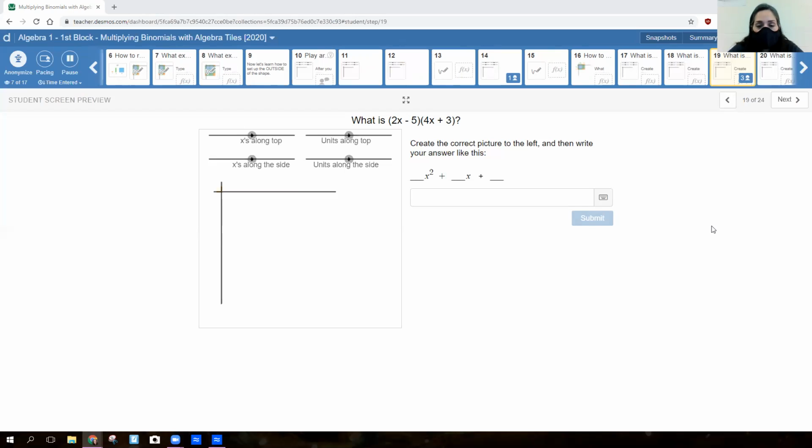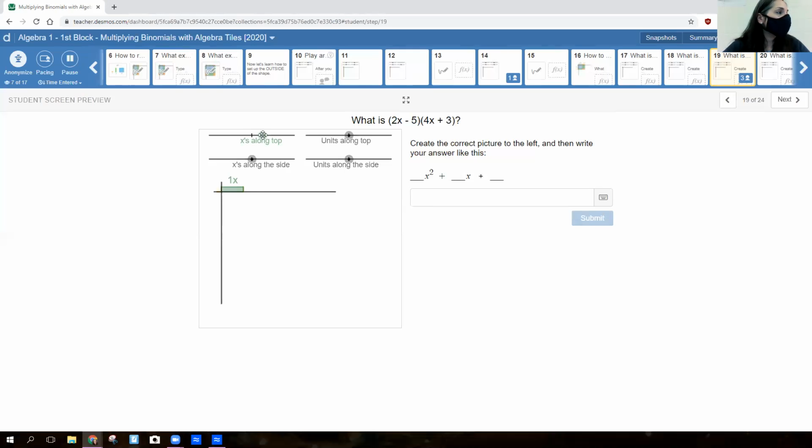Jean Taylor, don't forget you don't have to put those plus signs in there, okay? Because if you were to take a little quiz for me on Canvas and you put a plus and minus next to each other, it's going to mark it wrong because it's not going to understand your answer. So if you have a negative term, don't put the plus sign in front of it. So let's see, 2x minus 5.